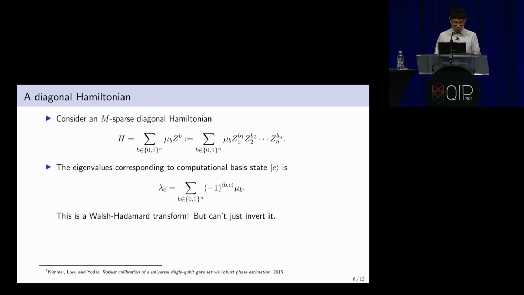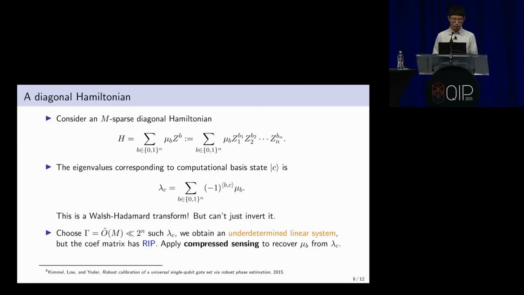So we can ask the question, what if we only have a small subset of the eigenvalues? If we only have gamma eigenvalues, where gamma is much smaller than 2 to the n, can we still do that? Looking at this linear equation that relates the eigenvalues to the coefficients, we can see that this is an underdetermined linear system.